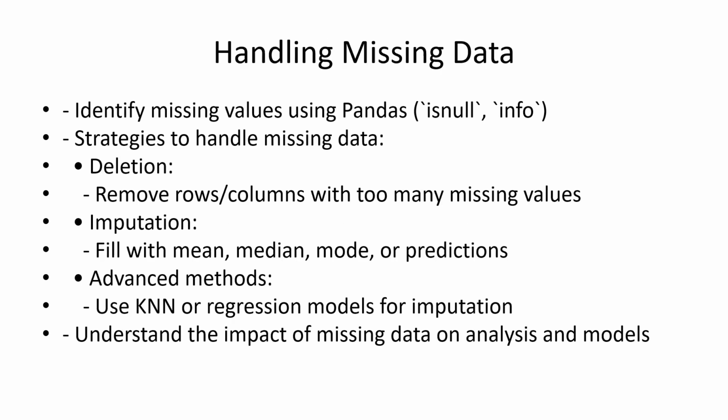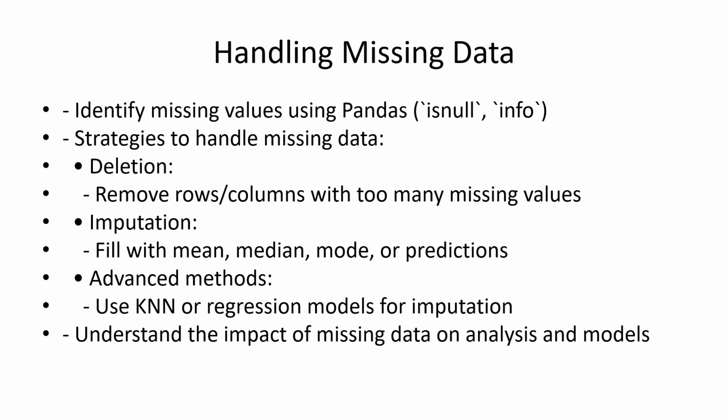Handling missing data is a crucial step in preprocessing. Missing values can distort analysis and compromise model performance. To identify missing values, we use pandas methods like "isnull" to locate null entries and "info" to summarize the data structure.